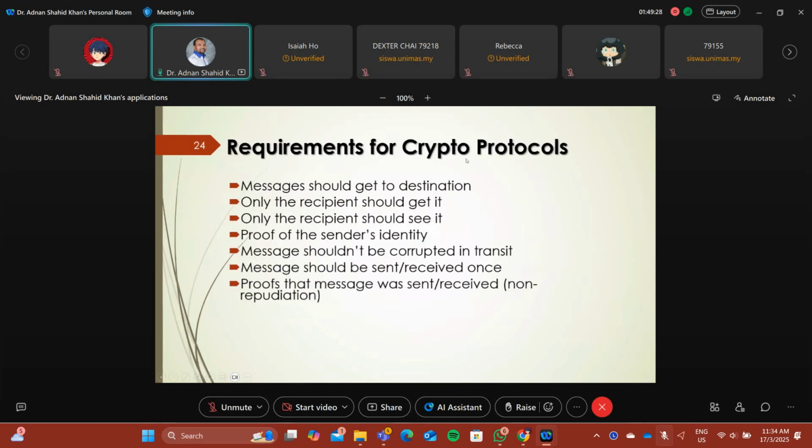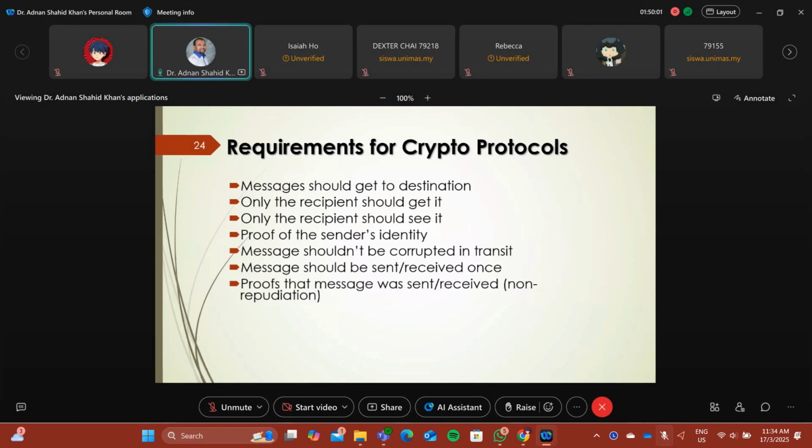Requirements of crypto protocols. Messages should get to the destination. Protocol means a set of instructions, a set of messages. For example, a secure protocol for a bank: an authentication request message, an authentication response which is the challenge to the user, then the user's response and a challenge to the server.